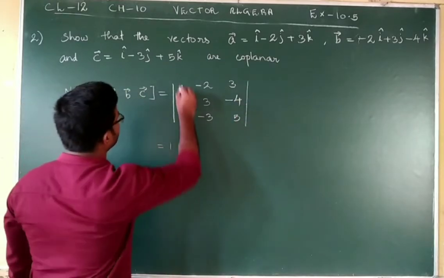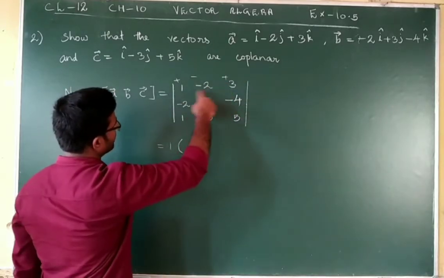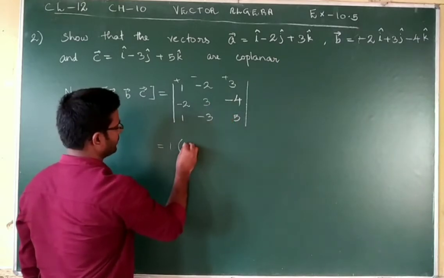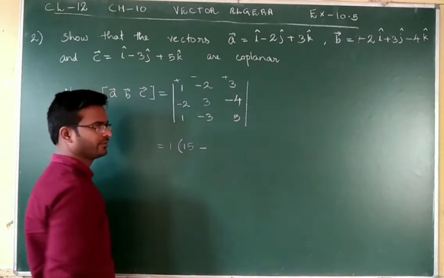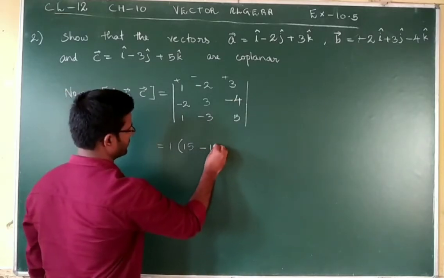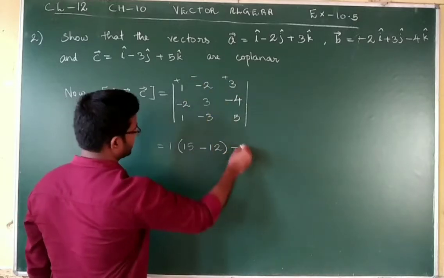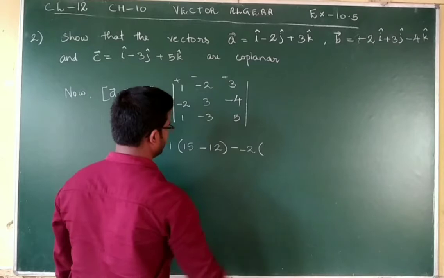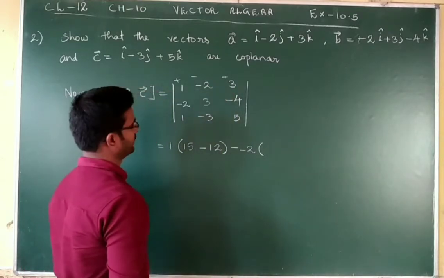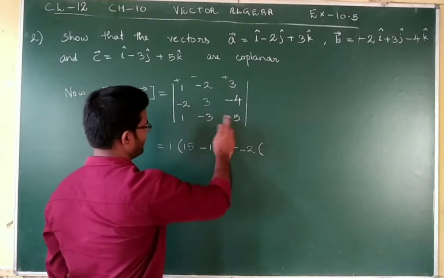Equal to 1 into, the signs are plus, minus, plus again. We leave the first row and first column, then take cross multiplication. 3 into 5 is 15, commonly we write minus, minus 3 into minus 4 is plus 12. Then minus 2 into, we leave the first row and second column. Then the remaining numbers are minus 2, minus 4, 1 and 5.